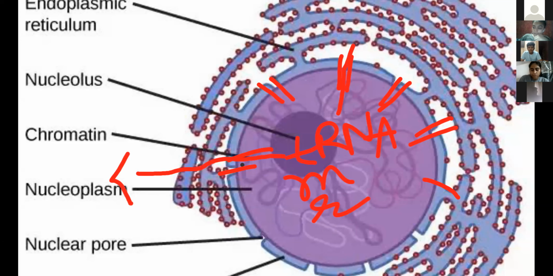So they have to come to the cytoplasm through the nuclear pore. With that, some of the proteins also come outside. So this nuclear pore shows the movement of RNA and proteins, which can easily transfer from nucleoplasm to cytoplasm.